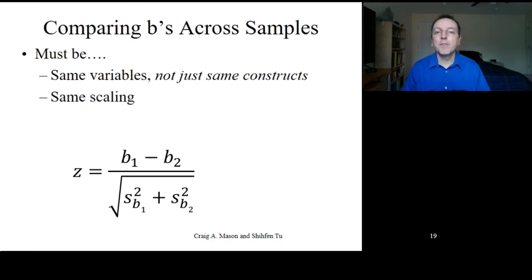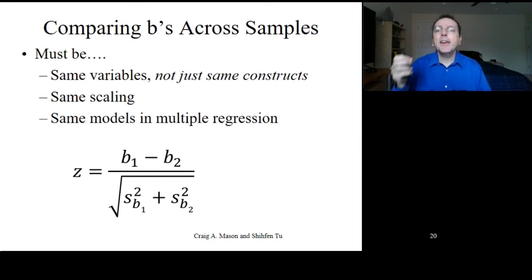Similarly, it has to be on the same scaling. You can't compare the regression coefficient for income based on dollars in sample 1 with the regression coefficient for income based on euros in sample 2, right? Kind of obvious. And it has to be this same multiple regression equation.